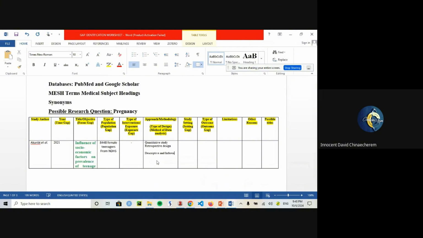But I can't see any inferential analysis there. This is descriptive analysis. Study setting was in Nigeria. So what are the possible gaps that we can pose from here? Number one, maybe it used descriptive analysis without establishing association. That is inferential analysis, right?